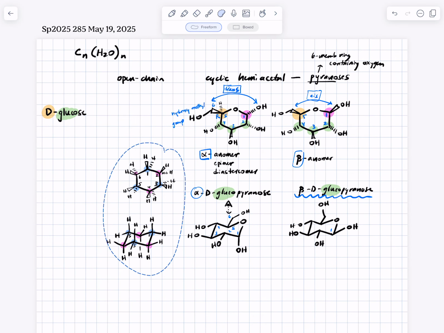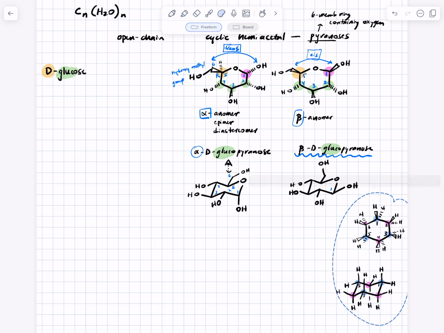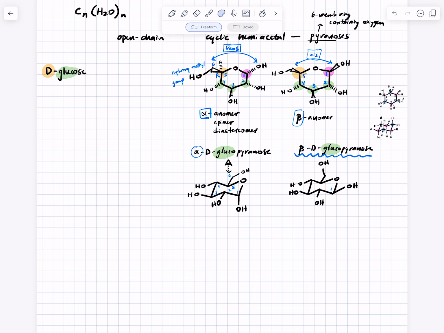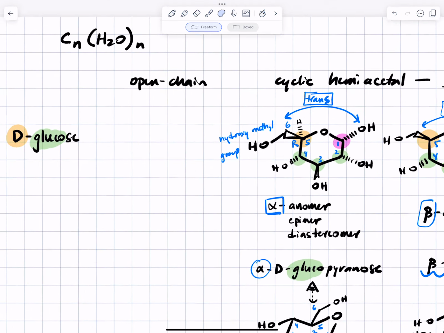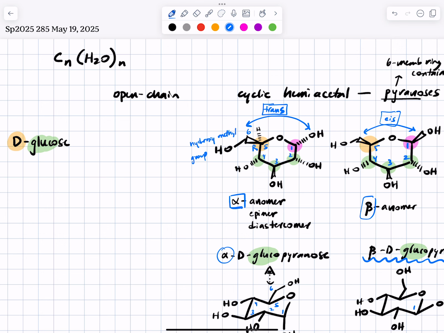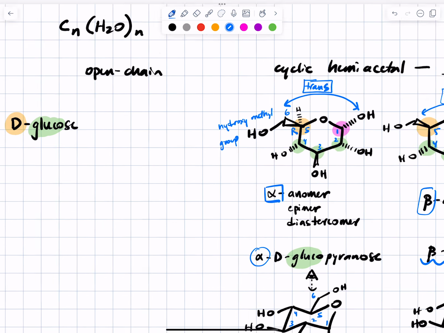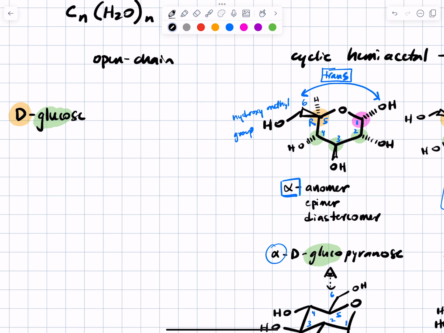This carbohydrate has an open chain form. And we'll talk about how to interchange between the two. I'll show you the open chain form in almost the same orientation as we're showing the cyclic hemiacetal.